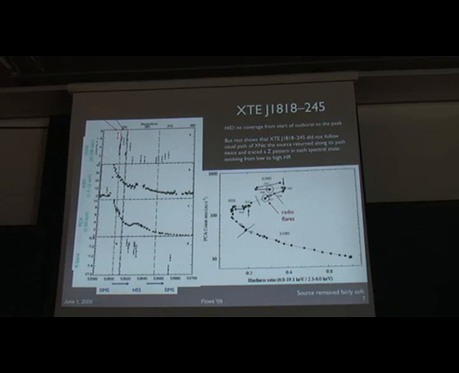Basically, there were two radio flares observed during this outburst. The first peak was detected at 4.9 gigahertz, and the second peak some days later was detected at 1.4 gigahertz. Here we have the light curves, the PCA harder X-ray light curve, and the infrared down here. The source was basically in some sort of intermediate state.